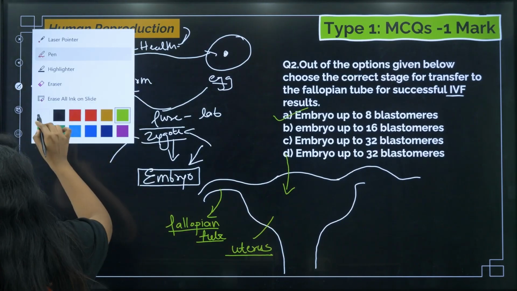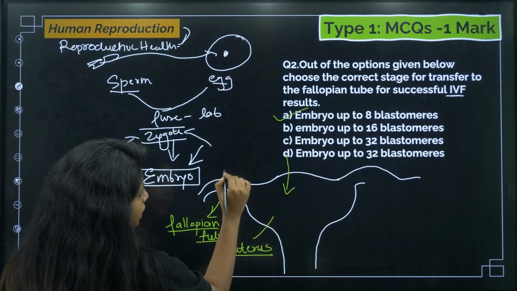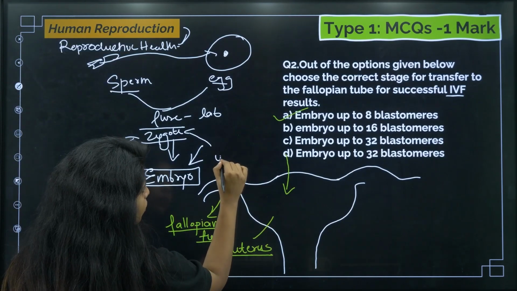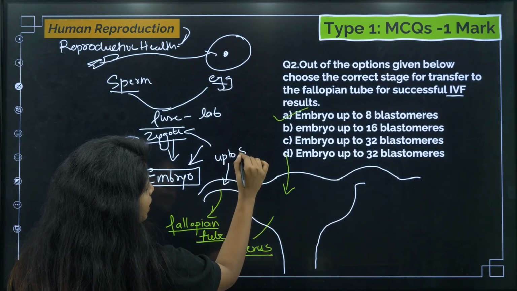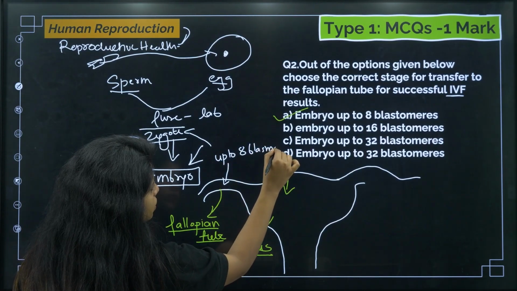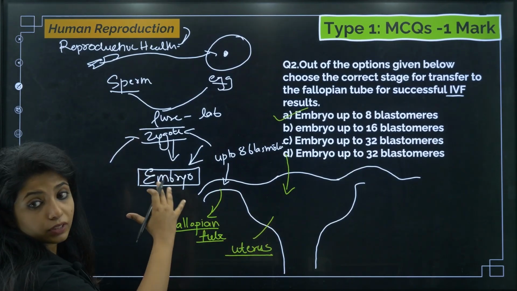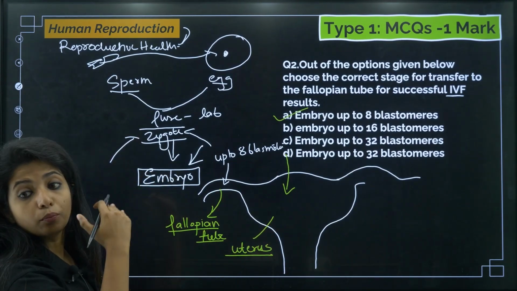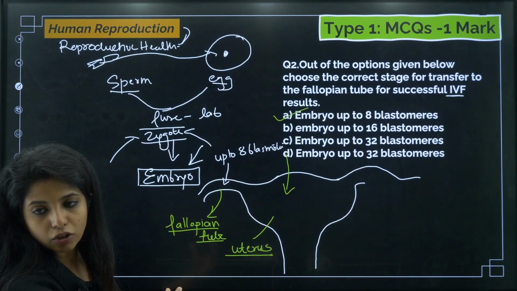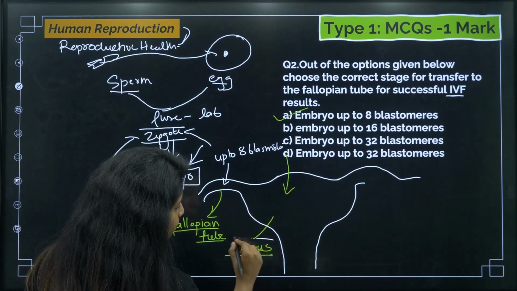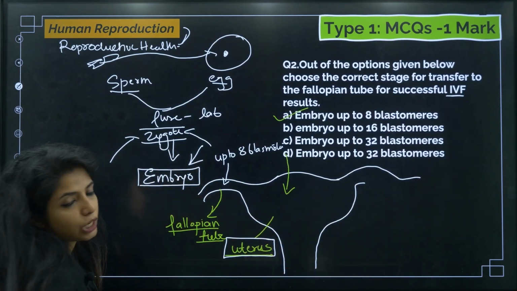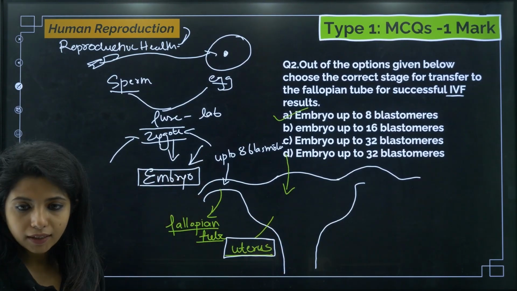So when I say only up to 8 blastomeres, you can put it up here. Later on, if the embryo has divided itself into more than 8 blastomeres, then you should put it into the uterus. Then only implantation will take place.